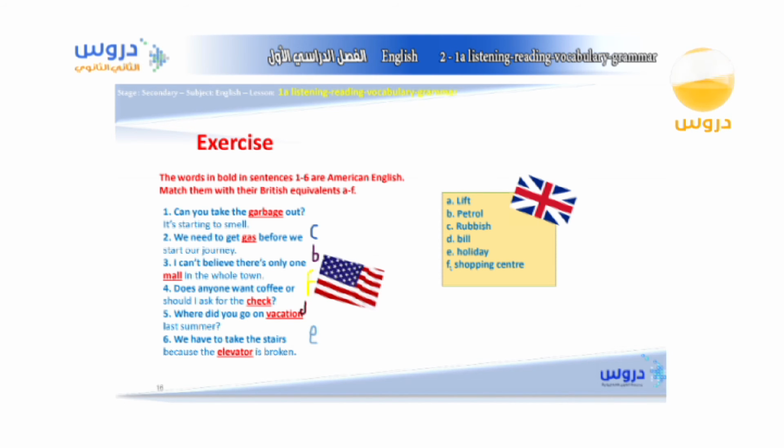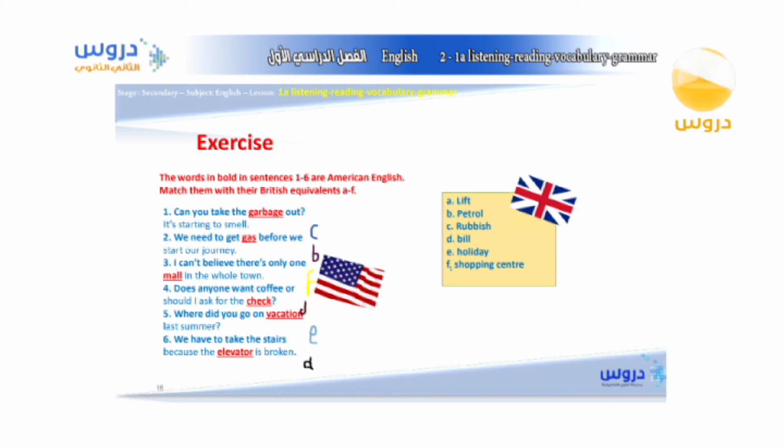And of course, finally, for number 6, we have to take the stairs because the elevator is broken. And for the elevator, we say lift in the British English. We say lift in the British English, so this is A.